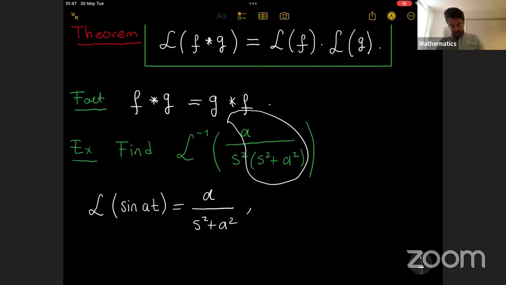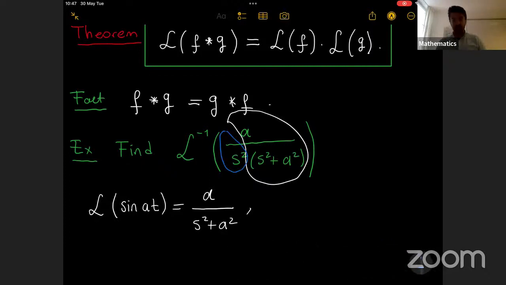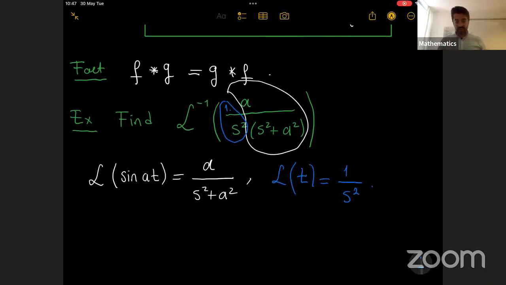So what is the Laplace of the other one here, 1 over s square? The Laplace of t is 1 over s square. We know this, right? Well, basically we have here the Laplace of t times the Laplace of sine at is equal to a over s square times s square plus a square.